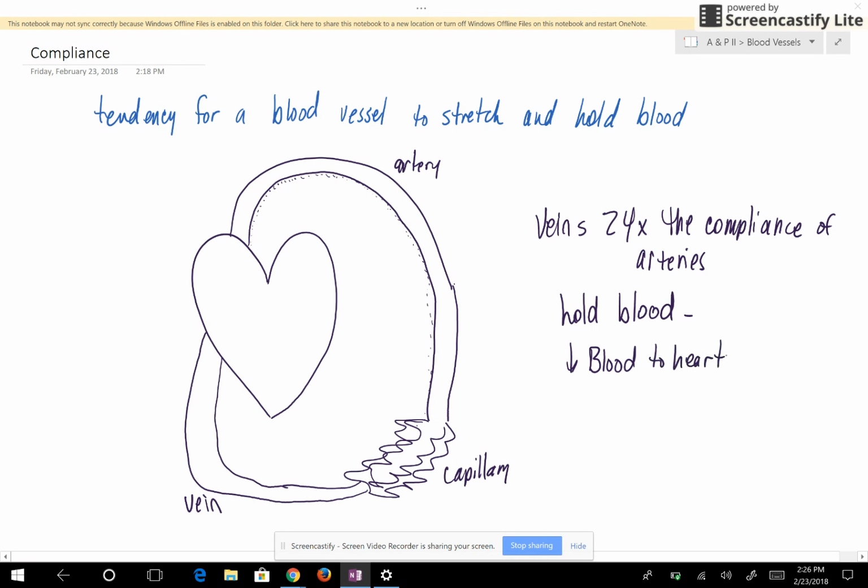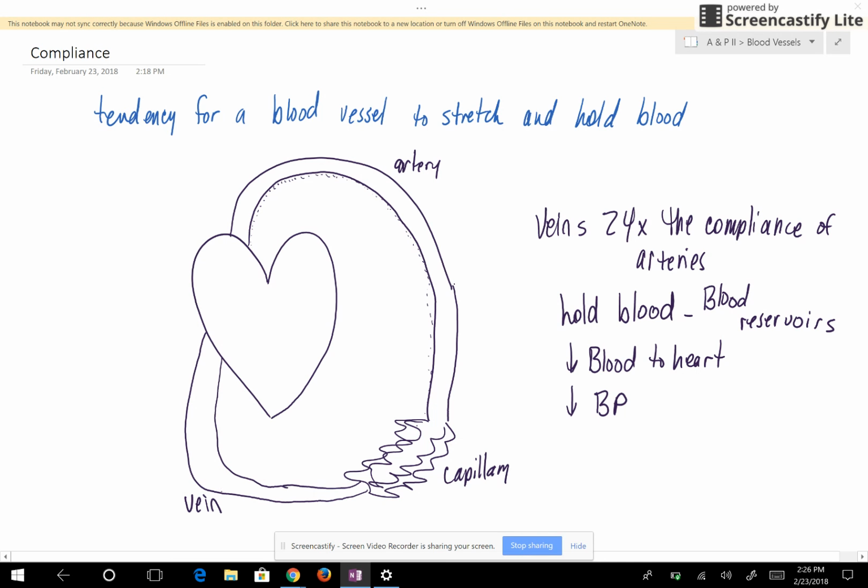That means that the heart is not going to stretch and recoil with a greater force, that's going to decrease the blood pressure. Okay, whenever veins are holding the blood, they're known as blood reservoirs. Veins are called blood reservoirs because they're able to hold the blood and send less blood to the heart.